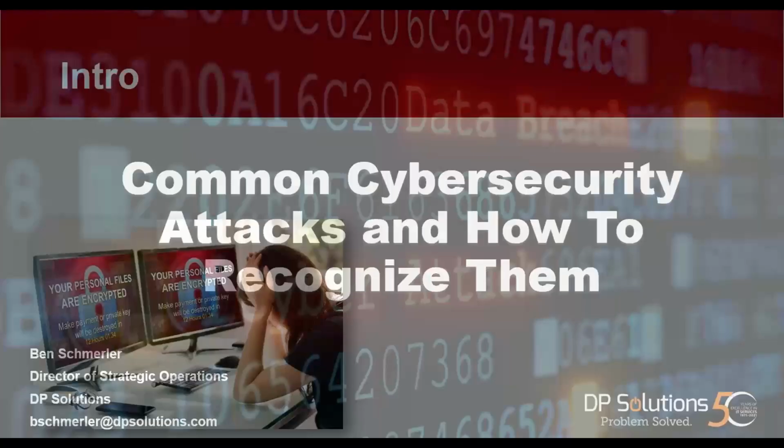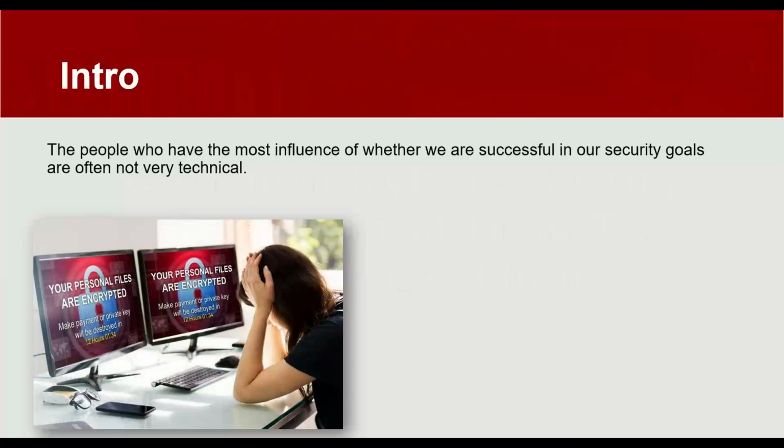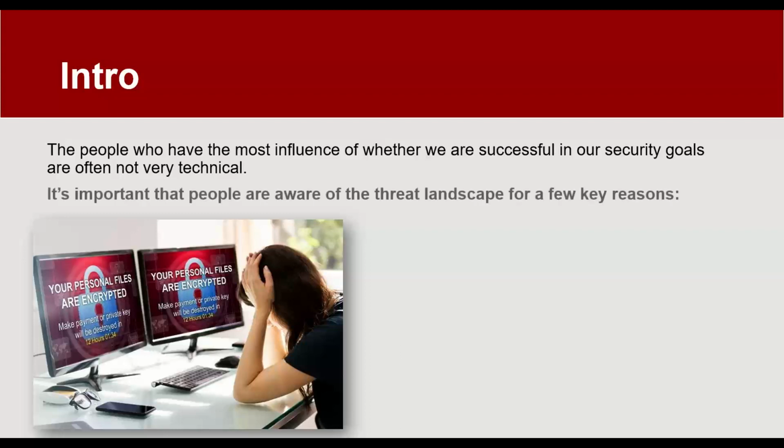So let's get started. Just to introduce things, the people who have the most influence on whether we're successful in our security goals are not very technical. What do I mean by that? People need to be aware of the threat landscape. When we're giving individuals control over our sensitive data and our systems, and people are going to play a stake in the success of our organization, we're putting a lot of trust in them.